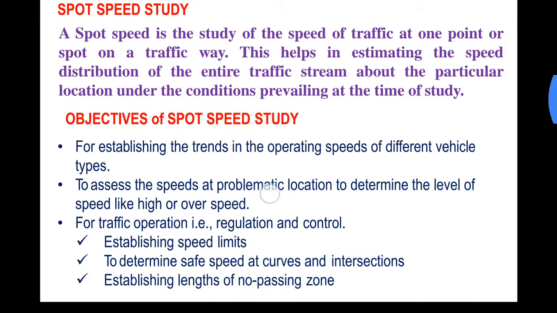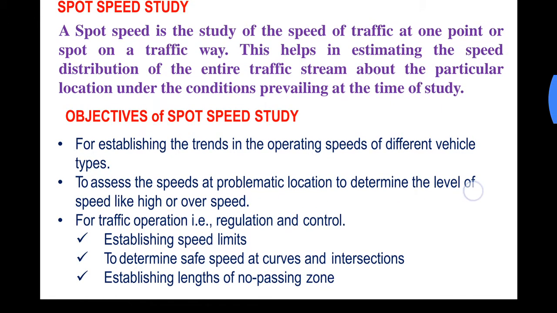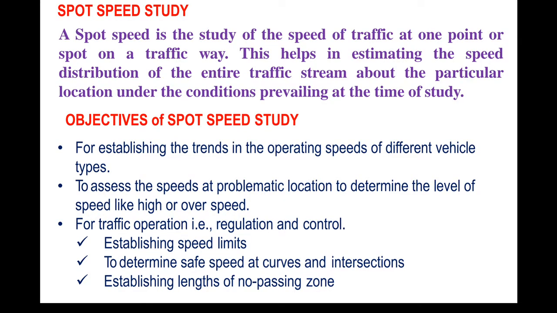To assess the speeds at problematic location, to determine the level of speed like high or overspeed. Okay, so in order to find out whether that vehicle is moving at a higher speed or a lower speed, with respect to the current design speed of the roads.